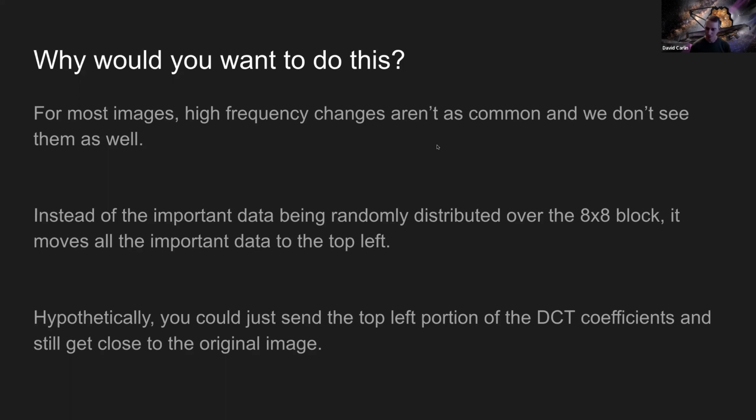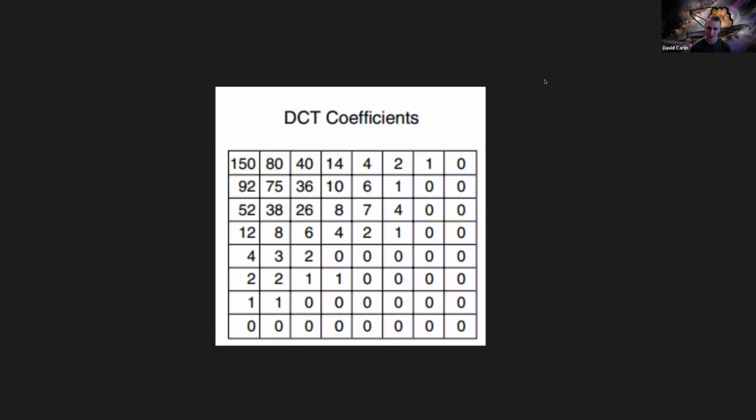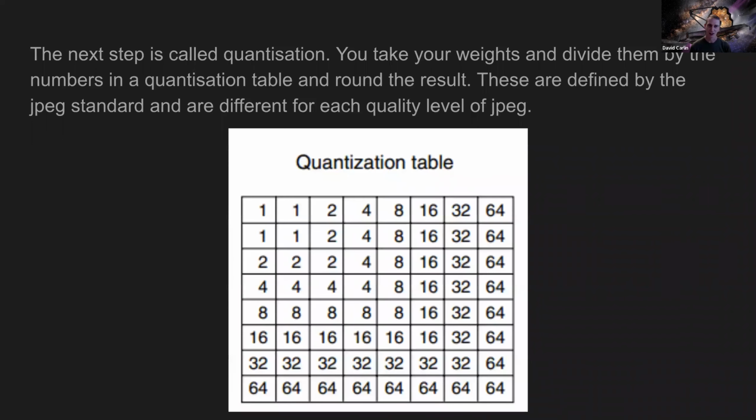So that's just a quick summary. You do these 8 by 8 blocks, you write weighted sums of all these cosine images until you have these DCT coefficients. Now, the next step is called quantization.